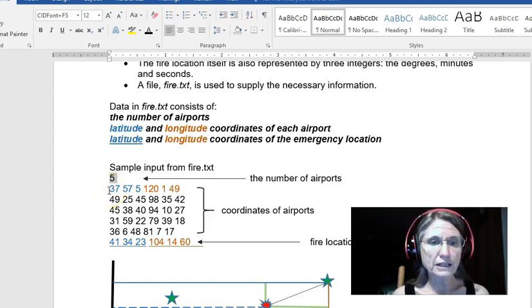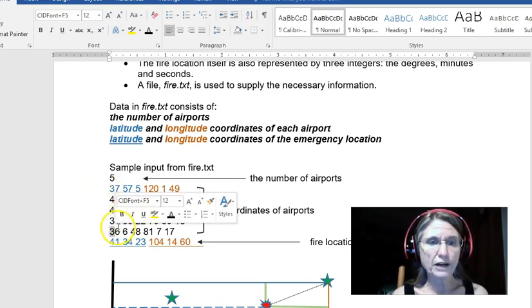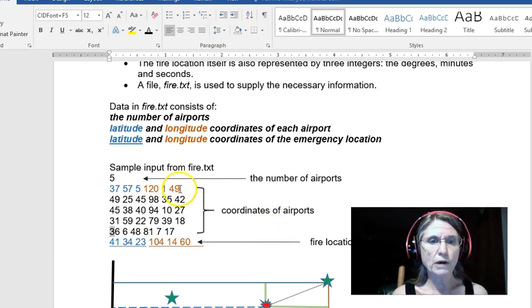So in this case, we have 1, 2, 3, 4, 5 more lines of airport data where I've got the latitude, degrees, minutes, and seconds in blue, and the longitude, degrees, minutes, and seconds in an orange color here.